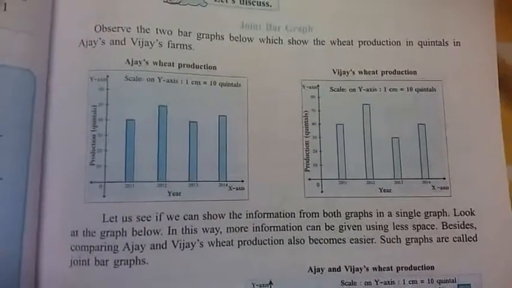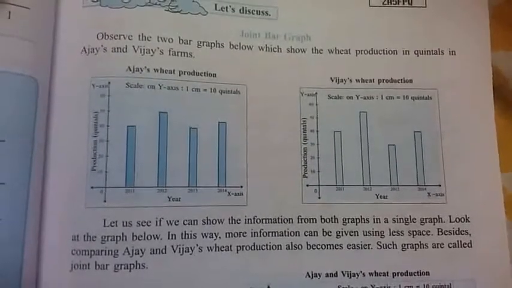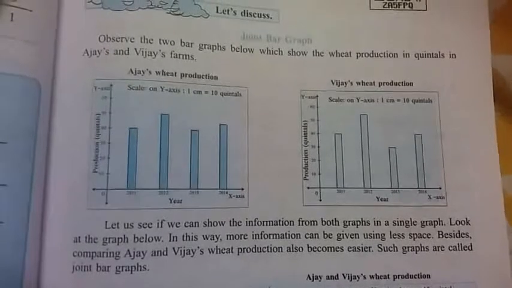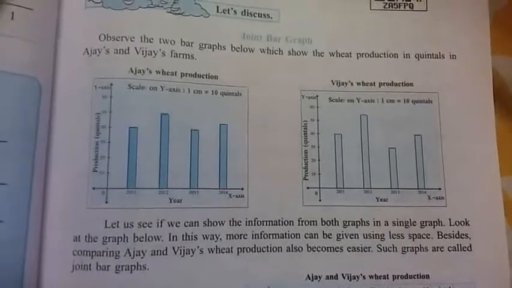Let us see if we can show the information from both the graphs in a single graph. Look at the graph below. In this way, more information can be given using less space.